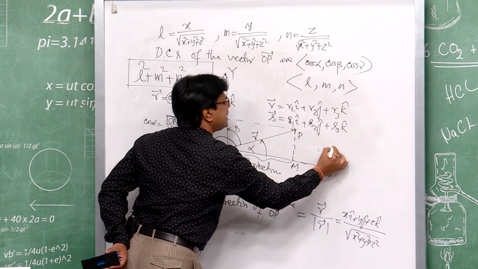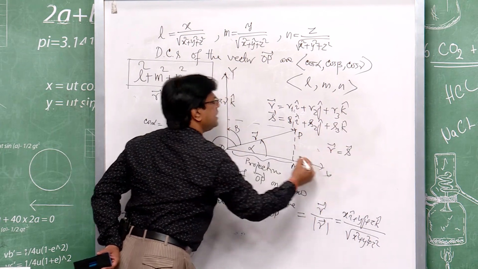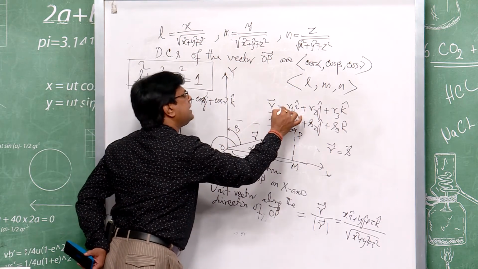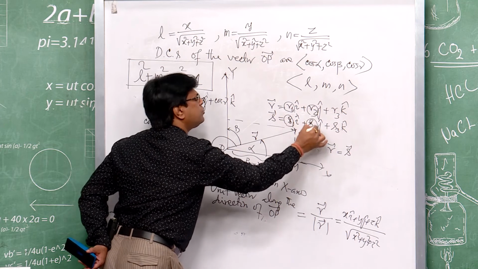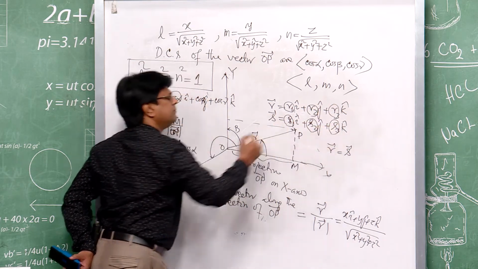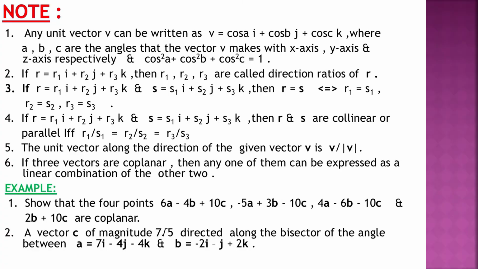If these two vectors are the same, R is equal to S, then we can say R1 is equal to S1, R2 is equal to S2, R3 is equal to S3. So, two vectors are said to be equal if their components are the same. Similarly, if these two vectors are said to be collinear, then their ratio R1 by S1 is equal to R2 by S2 is equal to R3 by S3.